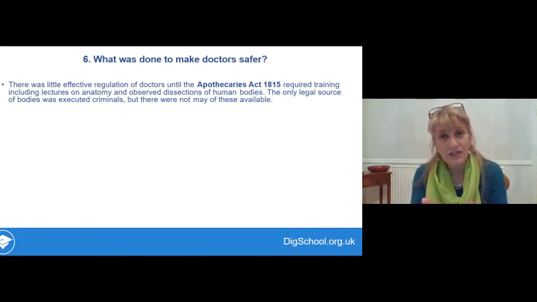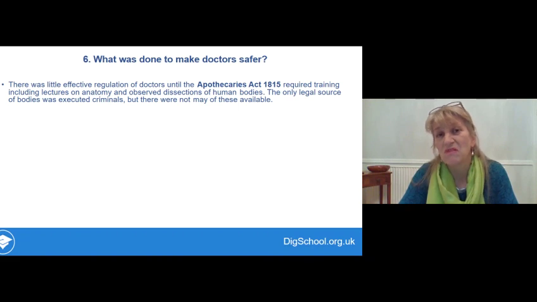Now, this was a really good idea in principle, but unfortunately, there was not very much source of human bodies. The only legal source was executed criminals, and the demand for these far exceeded supply.